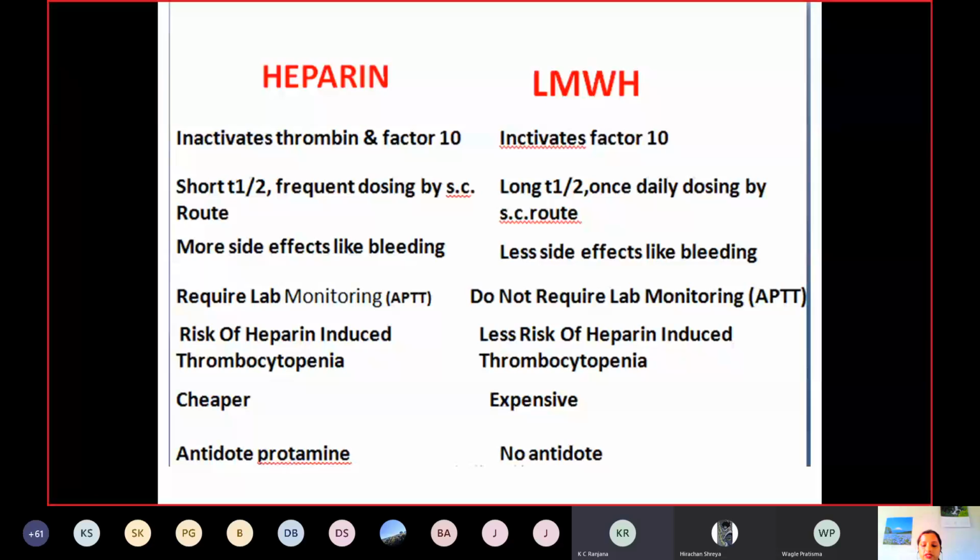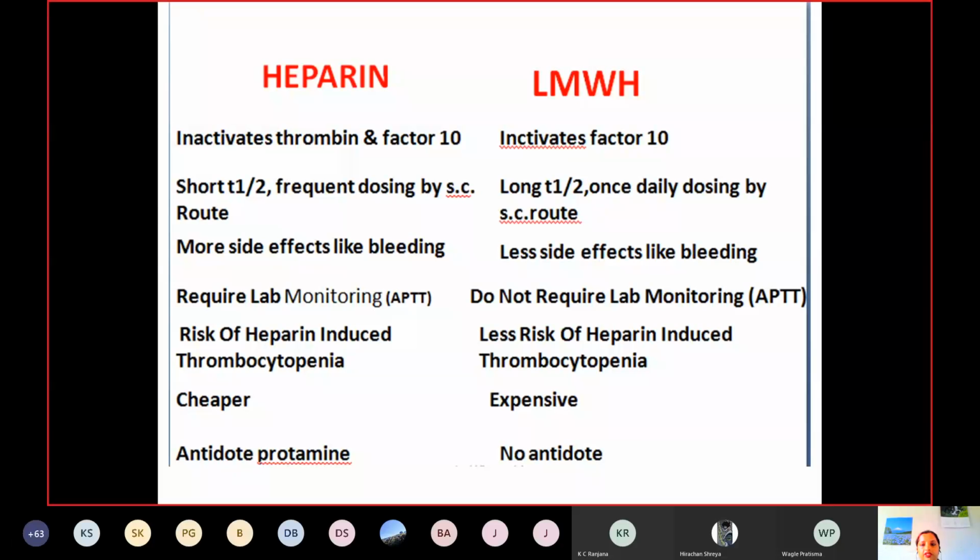And any other? There are so many uses of heparin, anticoagulants. Prophylaxis of angina, myocardial infarction. Yes. Other? Coronary bypass surgery.